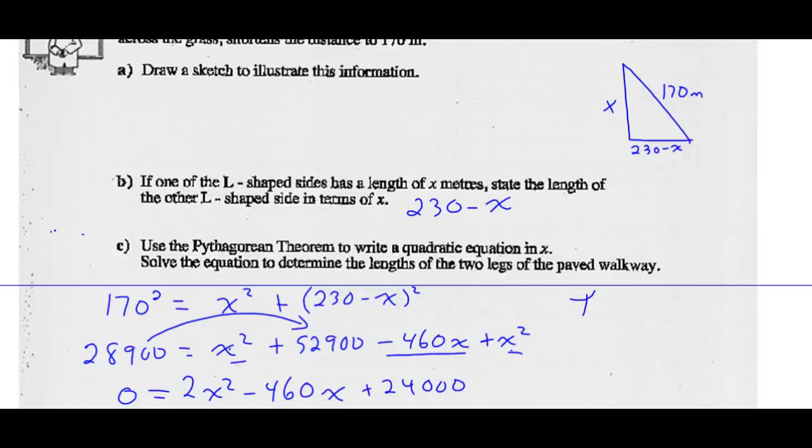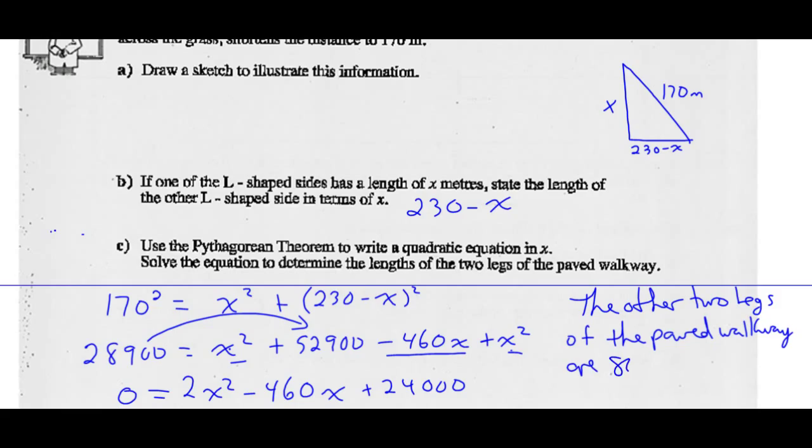So the other two legs of the triangle, or of the paved walkway, are 80 meters and 150 meters. All right.